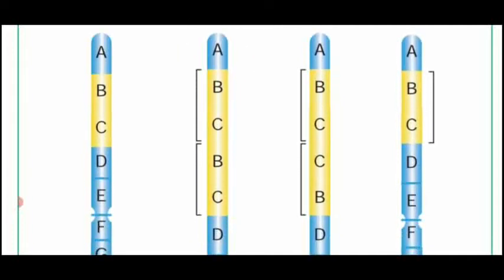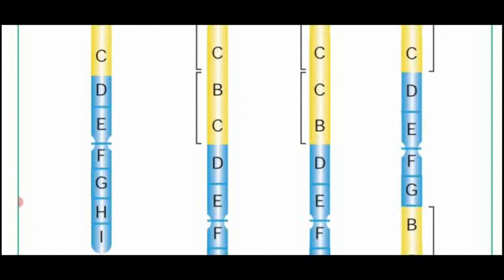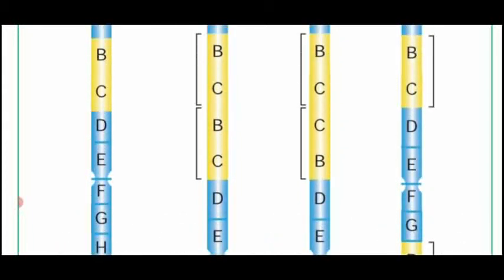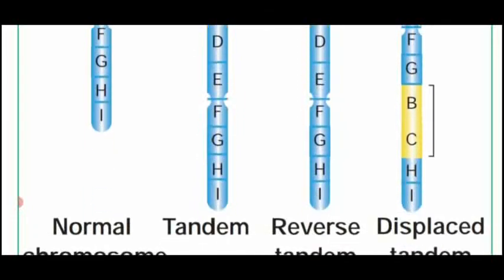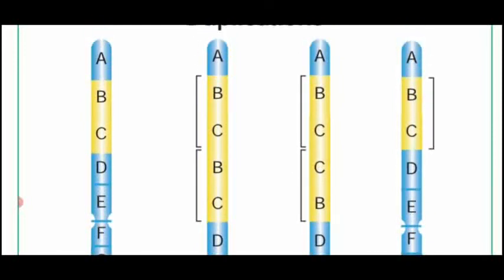The segments B and C, which are once again repeated in the same arrangement on the chromosome, is known as tandem chromosomal duplication. Then in the third diagram, the same segments B and C are dislocated in a different order, that is C at the top and B at the base.